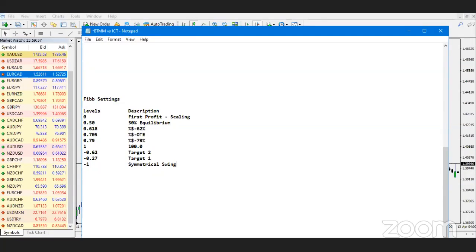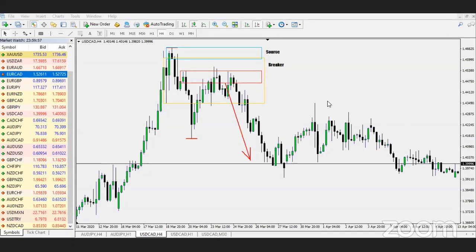Okay, so to kick things off, as you know, we've followed the order flow here and we've marked up a source, we've marked up a breaker, and you can see the red box is our first order block that was inside of the breaker block.